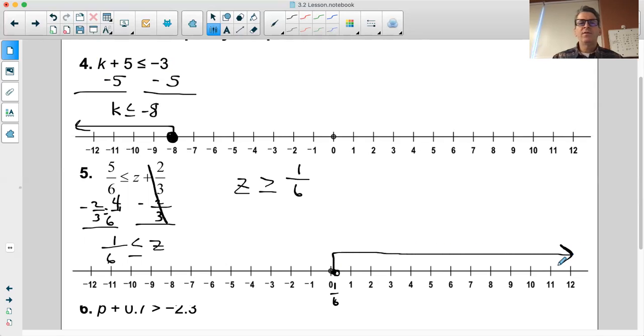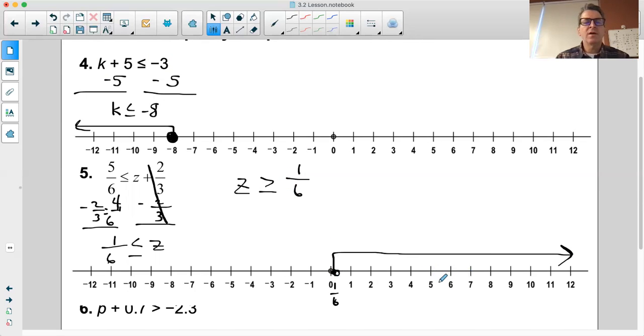Now, when we flip this around, just like the last one, or I think number 3 from the previous, it's just much easier to identify our set. z is greater than or equal to positive 1/6, and that would be your solution.